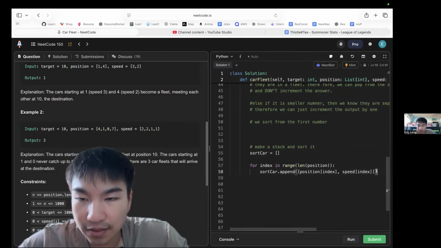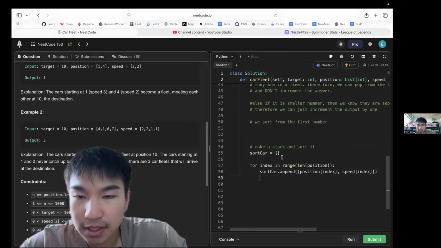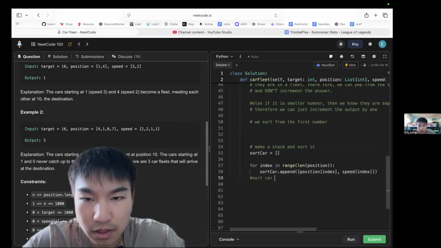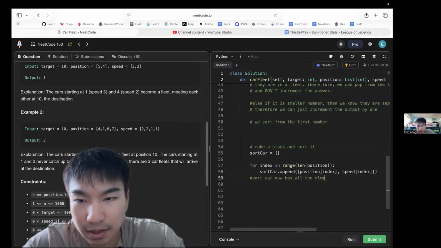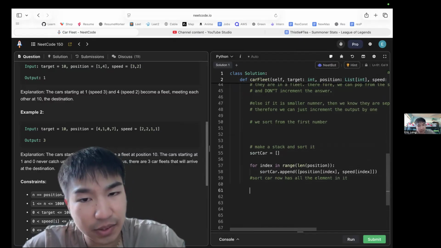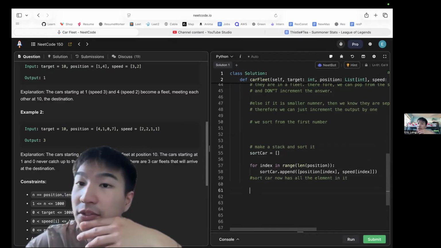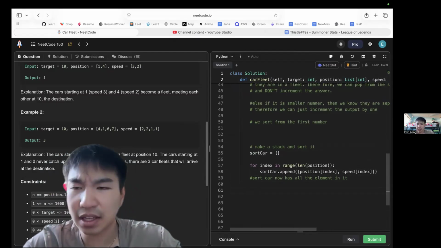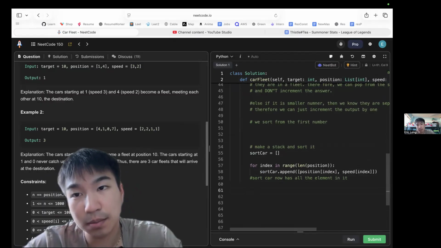Okay, and now that we have that, sort car now has all the elements in it. Let's actually go sort it now. So we have to sort it by its first position. So how do we do that? Let me think. I think there's a lambda expression.